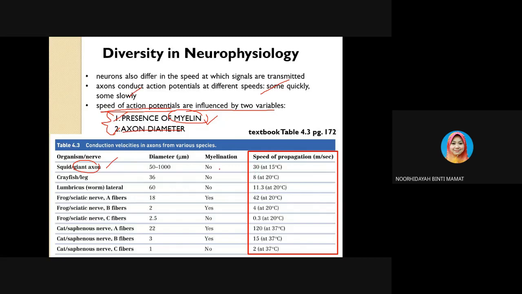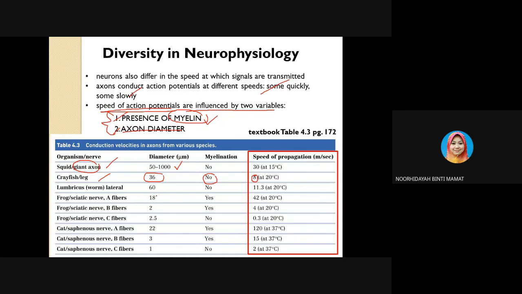As a second example, the crayfish has an axon diameter of 36 and no myelin, so the speed is lower compared to animals that have a bigger axon diameter.